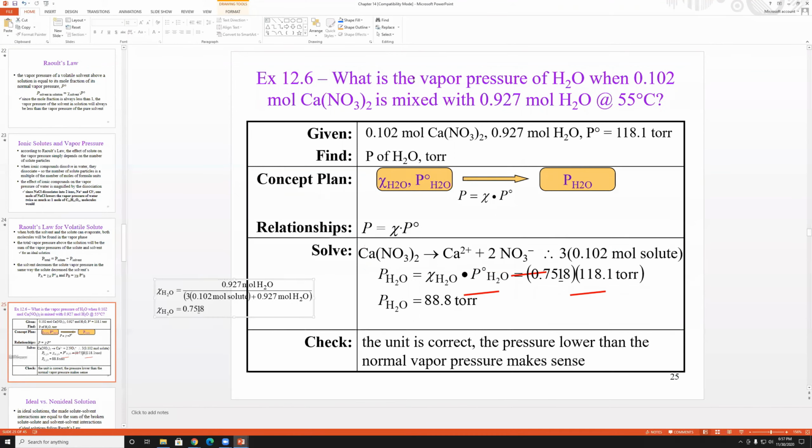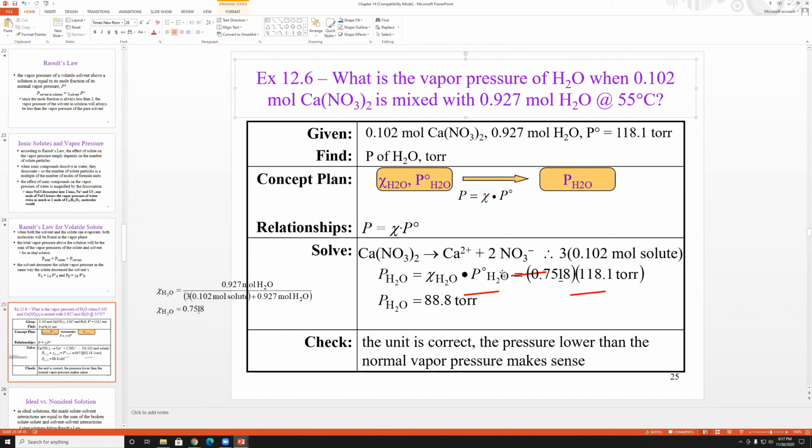Cool. All right. So what is the vapor pressure of H2O when 0.102 moles of Ca(NO3)2, or calcium nitrate, is mixed with 0.927 moles of water? All right. So first, find your mole fractions. So the mole fractions of ions versus the mole fraction of water.